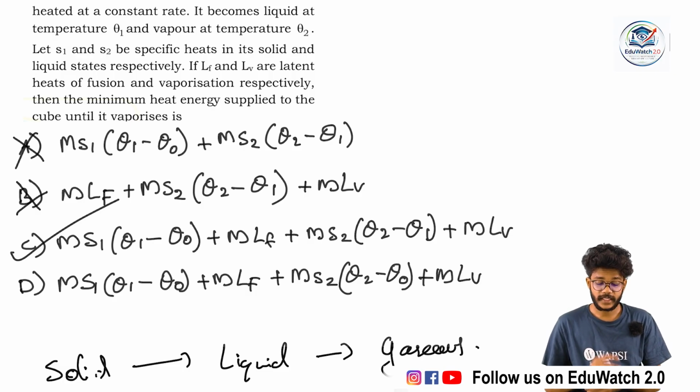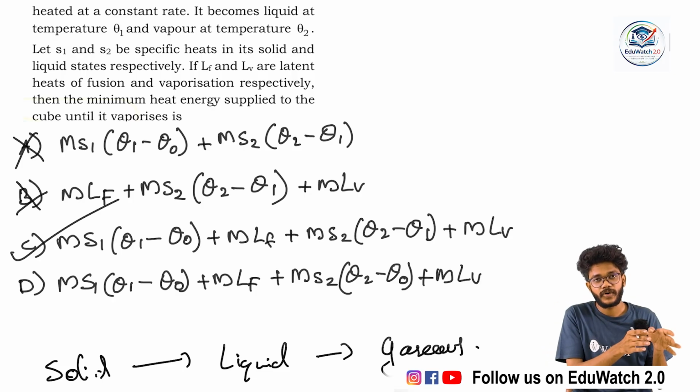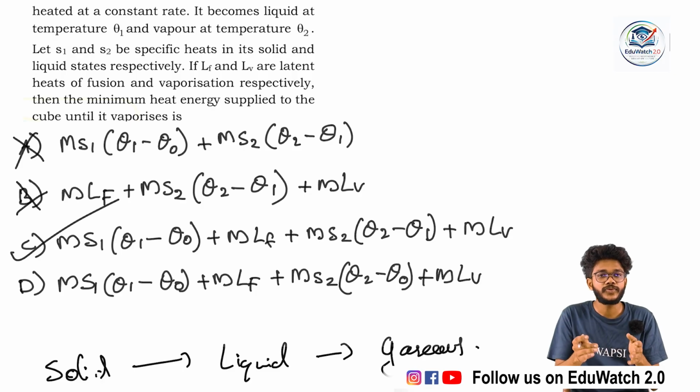So there is a phase change and there is an energy change also. While giving the energy, it will change from one temperature to another temperature. Also, the energy is used to make the transition of phase, that means liquid to gaseous, while staying at the same temperature.